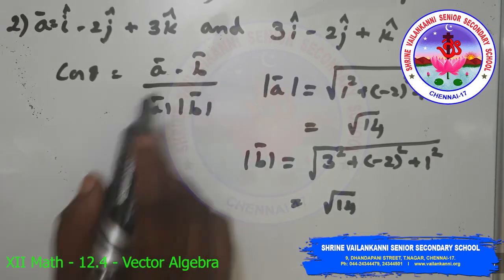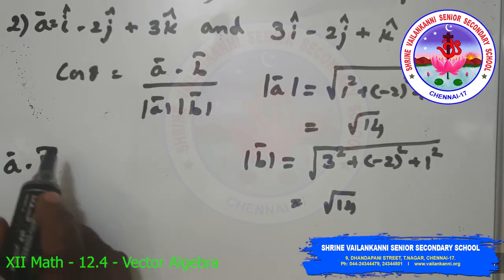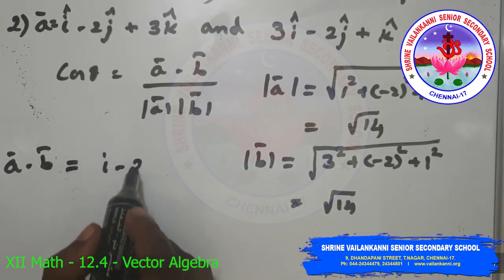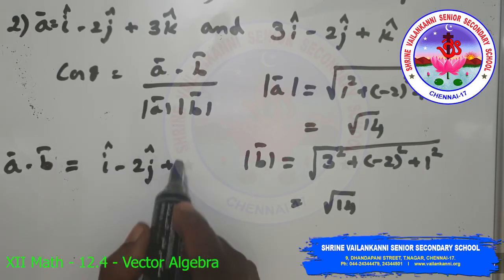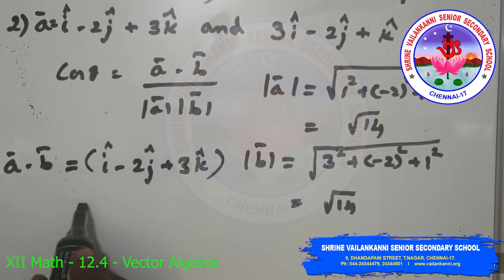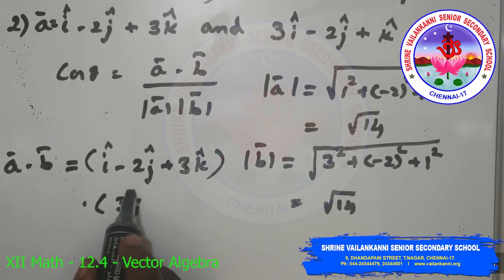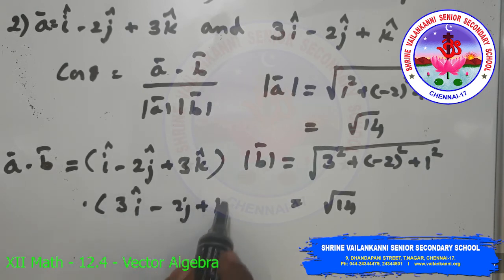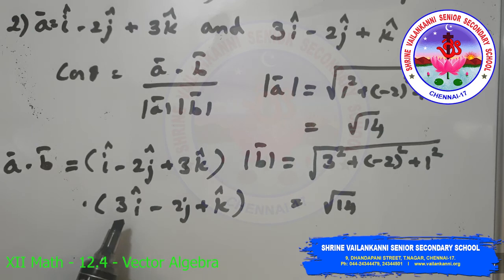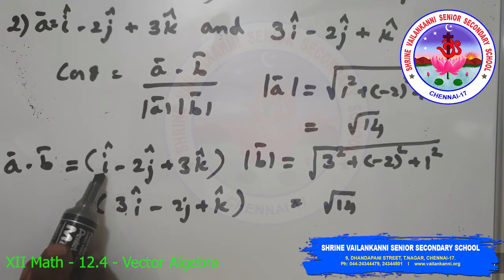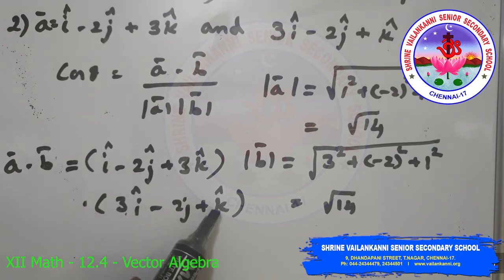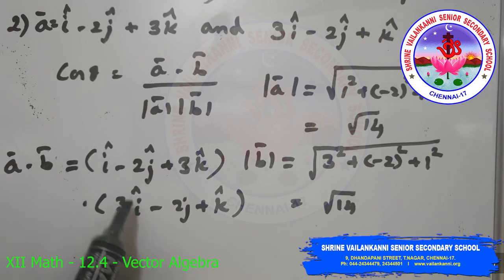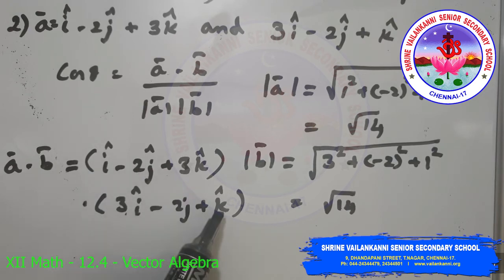Then we need to find A dot B, which is equal to i minus 2j plus 3k dot 3i minus 2j plus k. So 1 into 3, i dot i is 1, and i dot j is 0 and i dot k is 0, j dot j is 1 and k dot k is 1.